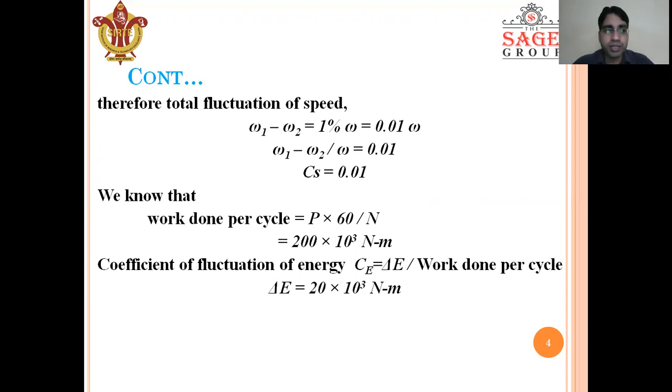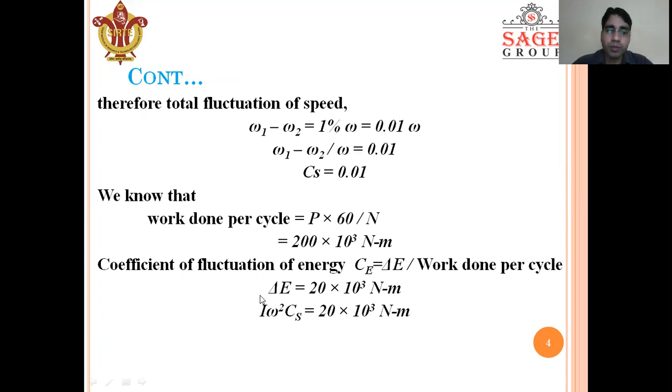The maximum fluctuation of energy delta E is equal to I omega square Cs. We have already derived this in the previous lecture. For energy stored in a flywheel, delta E is equal to I omega square Cs, where I is the mass moment of inertia, omega is the mean angular speed, and Cs is the coefficient of fluctuation of speed.